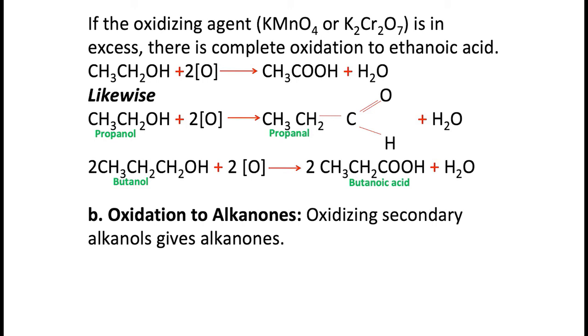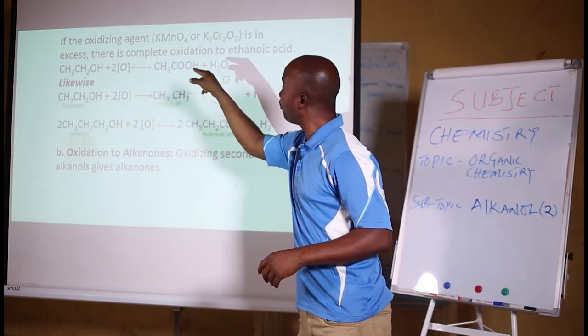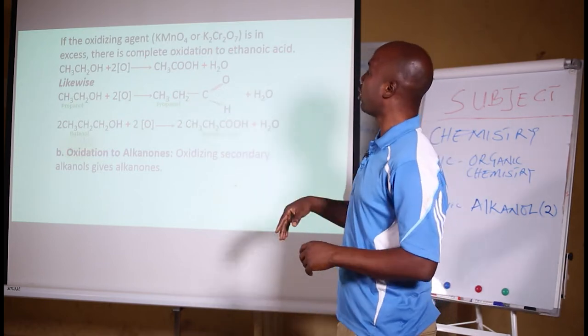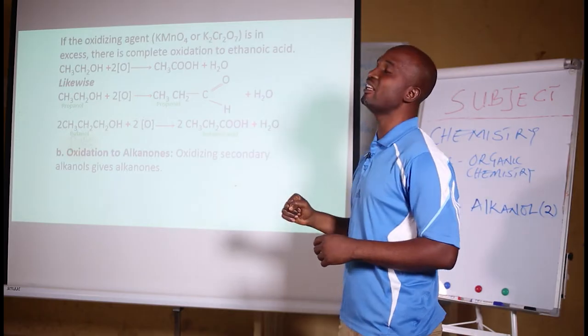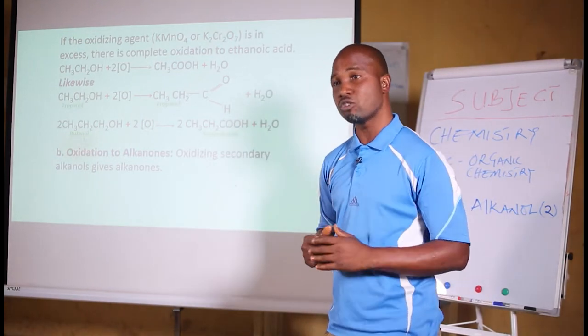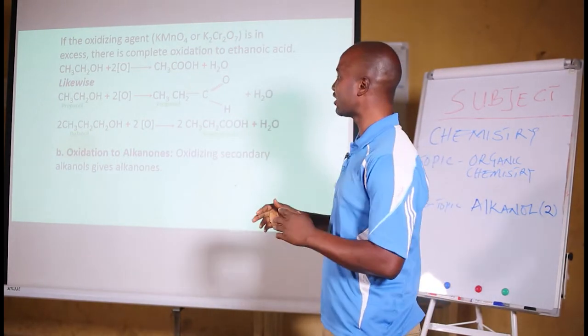That's the other one. So for secondary alkanols, as you can see here, they undergo oxidation to give alkanones. Generally, primary alkanols can undergo oxidation to give you an alkanal, then an alkanoic acid, as I've mentioned.